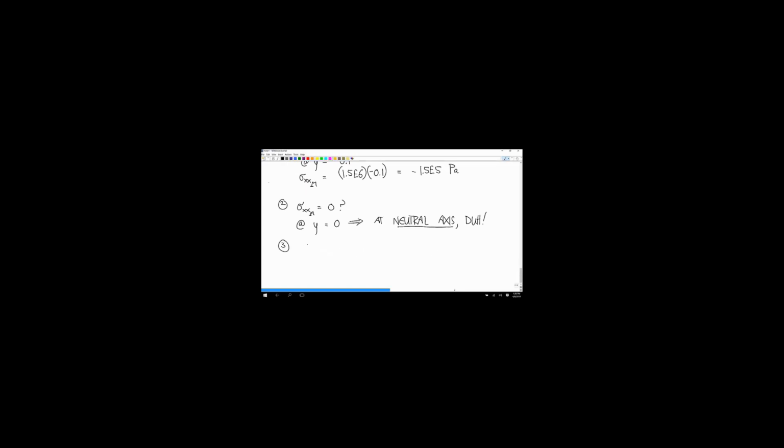And then the last one, where is this thing maximum? That's going to be at the biggest value of y, so positive 0.1. And at that point, because of the symmetry here, sigma xx m is equal to positive 1.5 times 10 to the 5th pascals.